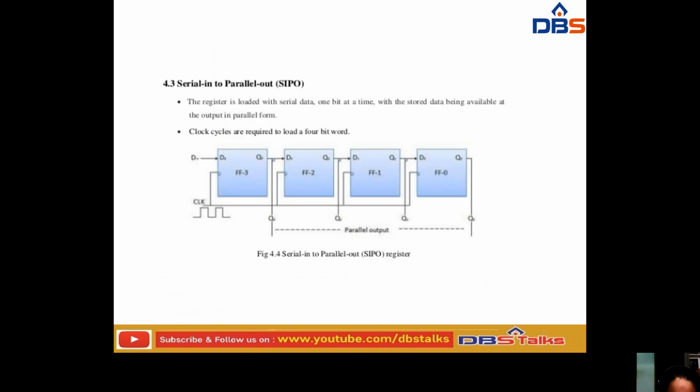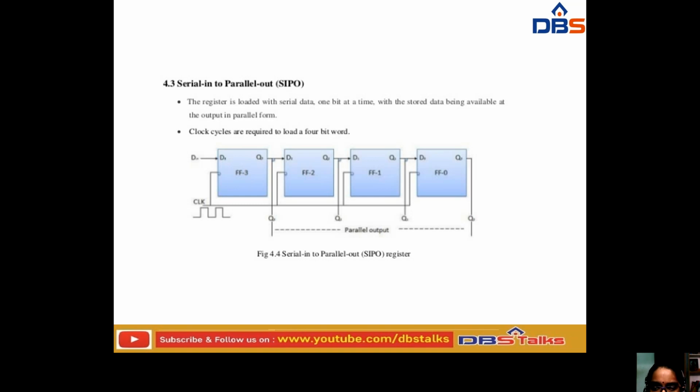Okay, so if you have taken this serial in parallel out register, this register is loaded with the serial data, that is 1 bit at a time, with the stored data being available at the output in parallel form.